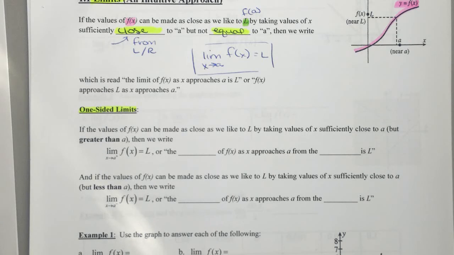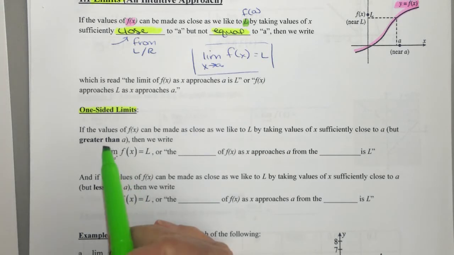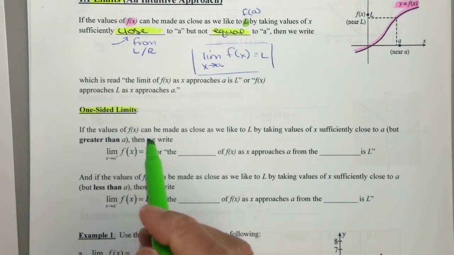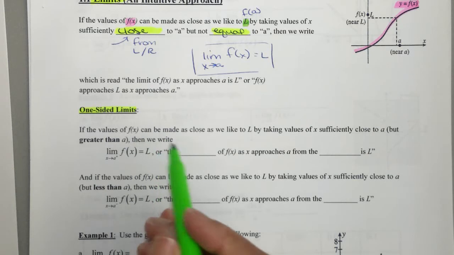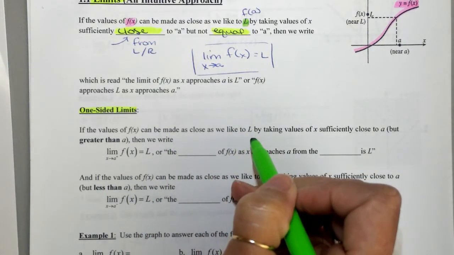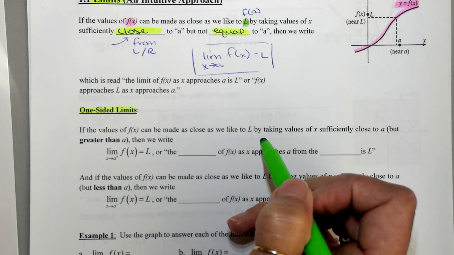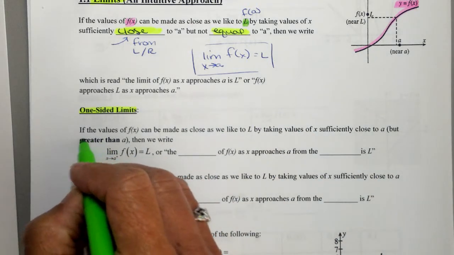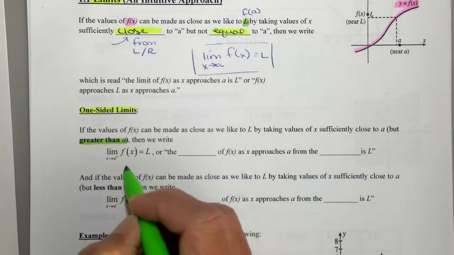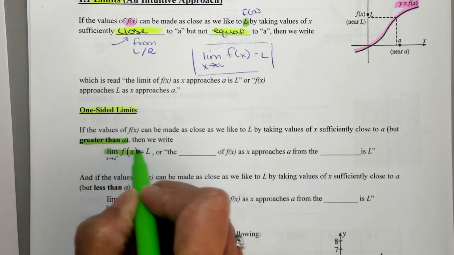If we're looking at one-sided limits, what we're looking at is if the values of our function can be made as close as we like to some given L by taking values of x sufficiently close to but greater than a, then we write the notation like this.